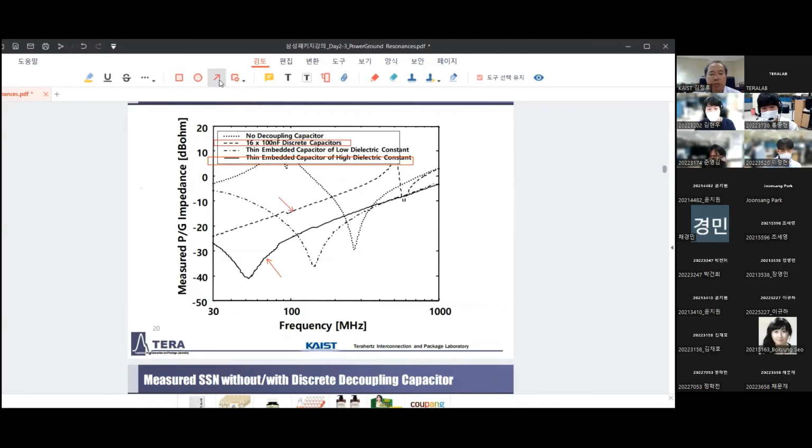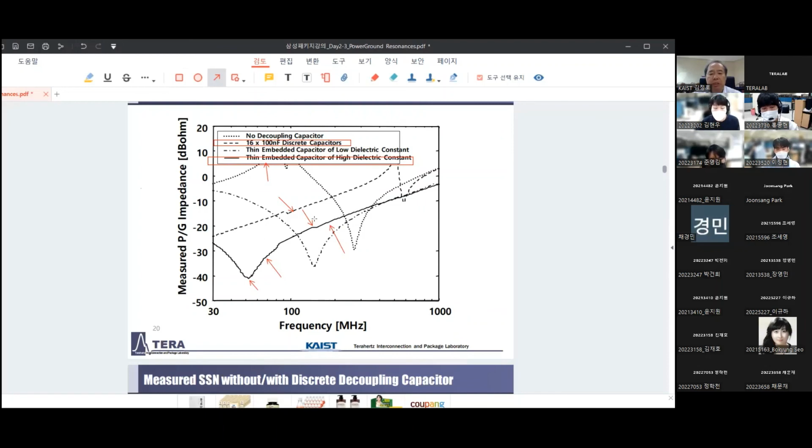Because we are using the embedded capacitance, inductance was reduced significantly in this frequency range. Over the gigahertz range, as I told you before, we have to put on-chip decoupling capacitors. This is the embedded capacitors on package substrate. Of course, the resonance is shifted to low frequency because the capacitance is increased.